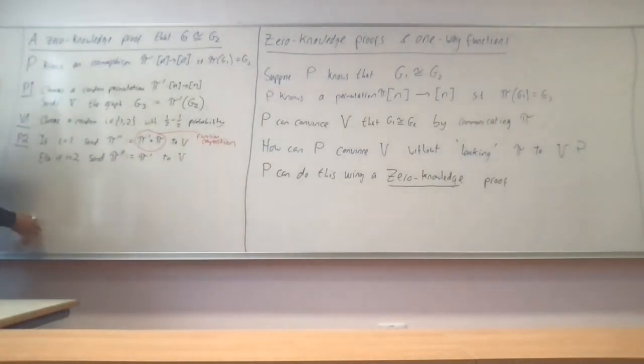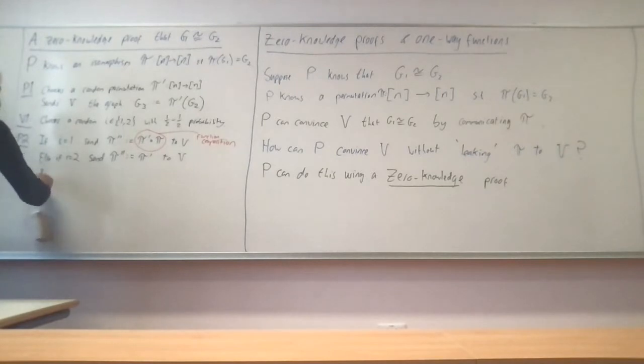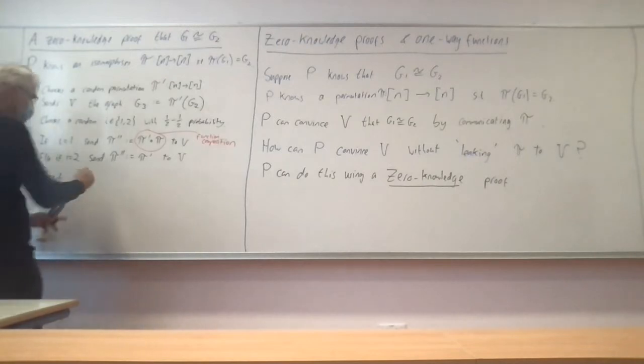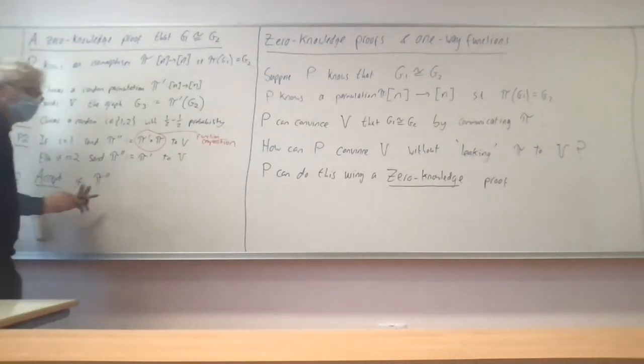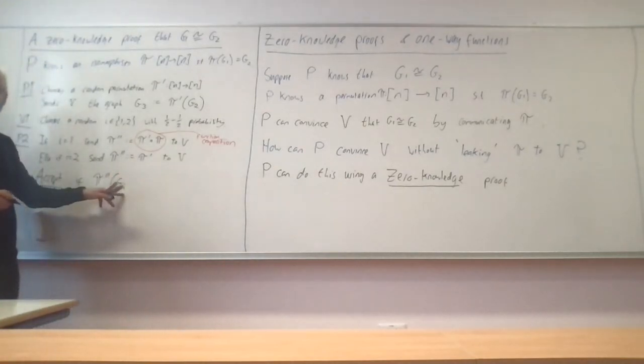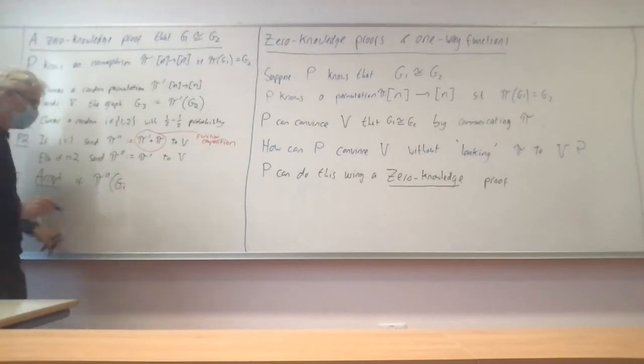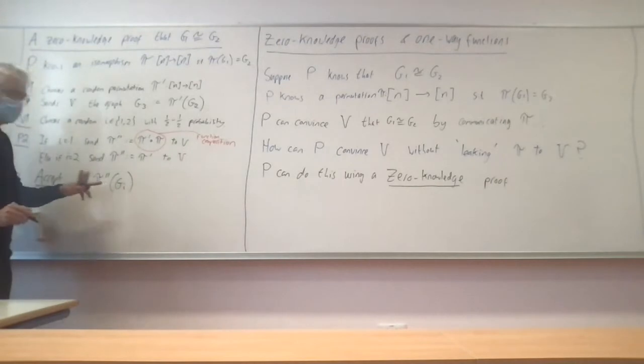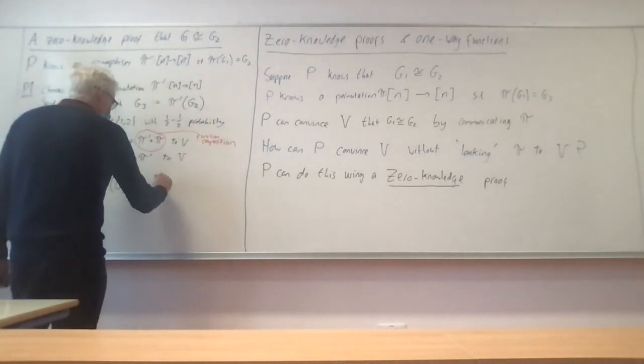And what the verifier does is then check that the prover has followed the rules, so to speak. The verifier will accept if, when it applies the permutation π″ it's got to the graph indexed by the random bit it chose, so either G1 or G2, we get back G3.